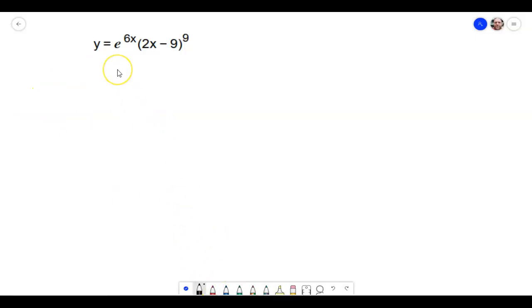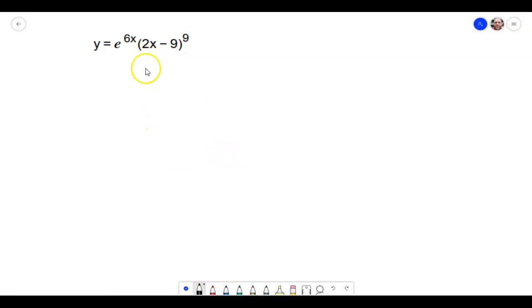So the main idea here is that I want to set this up as some kind of situation where I have only two functions. I want to designate one thing as one function and the other thing as the other function and start from there.